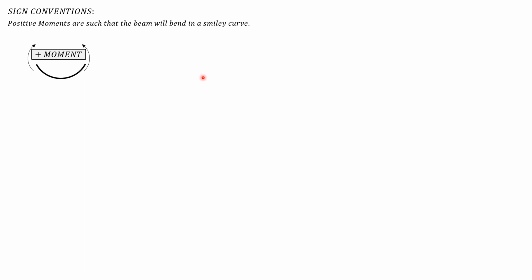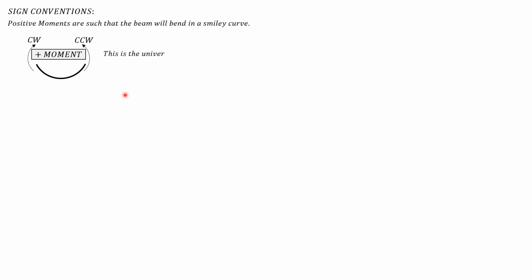The negative moment would be opposite to that. It's a sad curve, a sad face curve, which is counterclockwise at the left, then clockwise at the right, which is the fixed end moments curvature, if you can remember, due to the load. So clockwise, counterclockwise, that's positive.